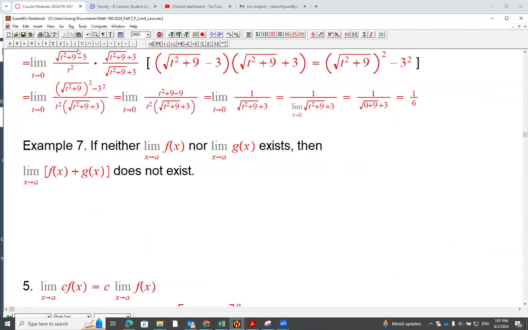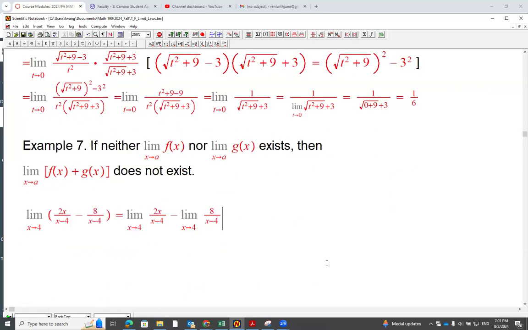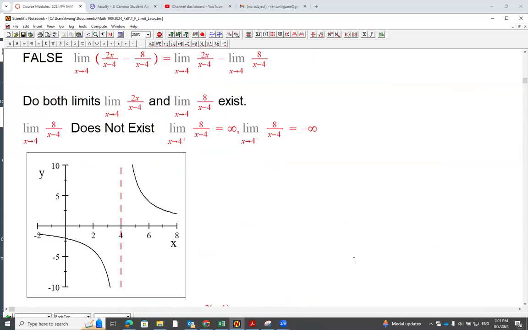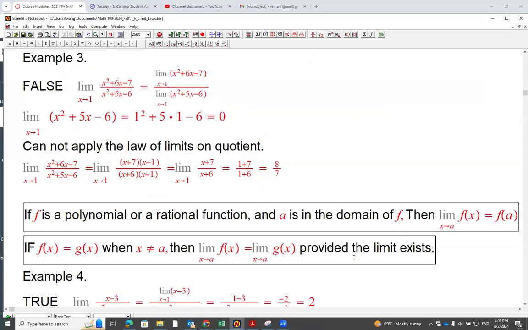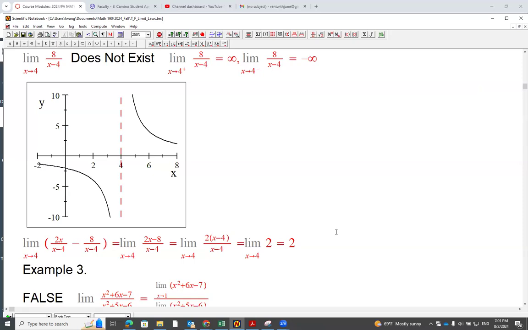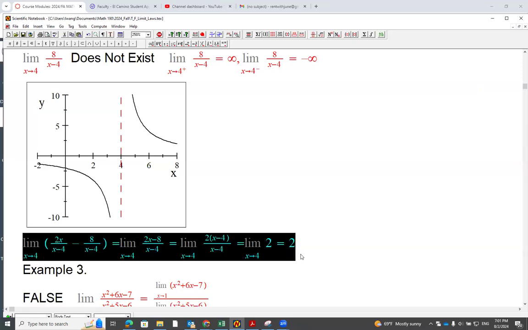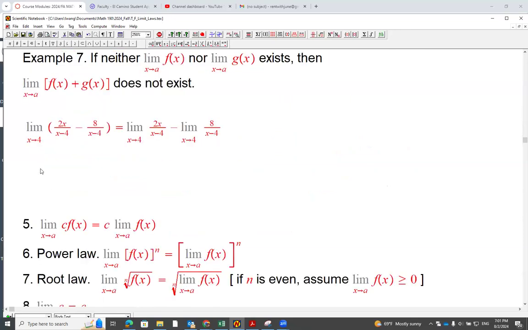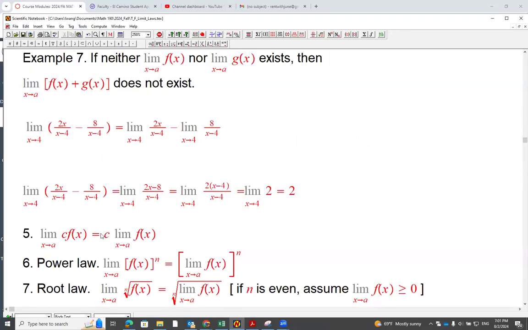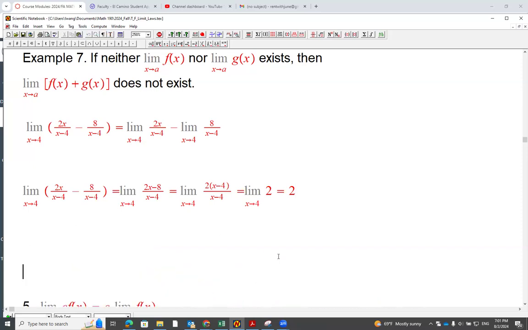In this example, we have already demonstrated this. I'm going to bring that work we did here. This is f, this is g.